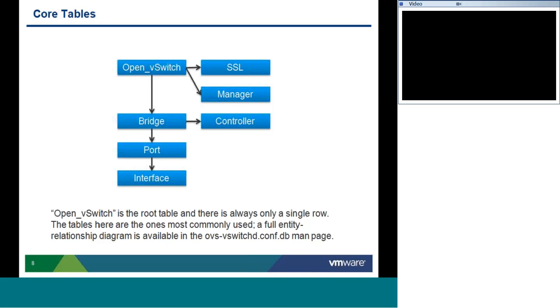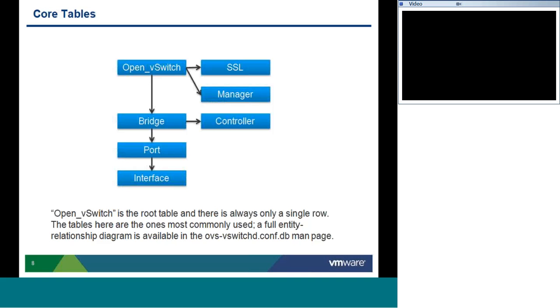We mentioned the OpenFlow controller is configured in OVSDB, so there's a controller table, and the bridge contains pointers to the controller table. If you had BR0 configured to some particular controller, that would happen here. Similarly, there's a manager table, which is what ovsdb-server uses to connect to the manager that speaks OVSDB.